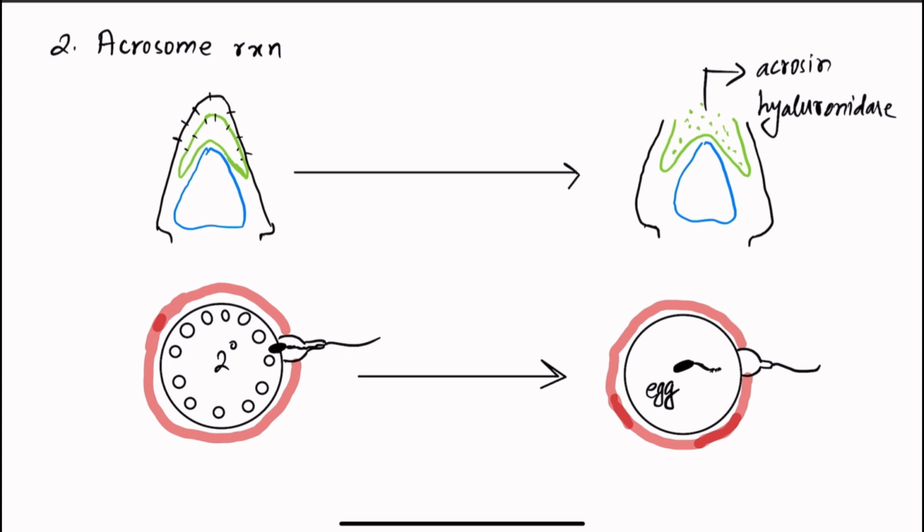So what happens after the sperm penetrates through the zona pellucida? So first, the sperm, let me write the steps as well. So sperm penetrates zona pellucida.